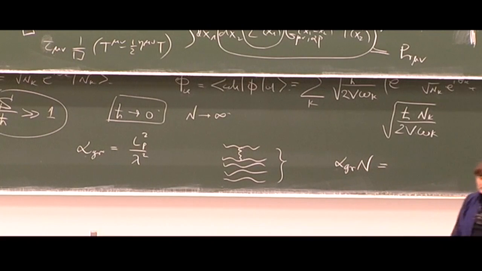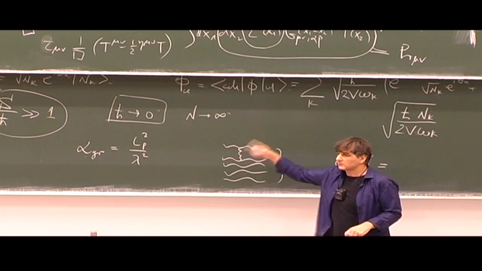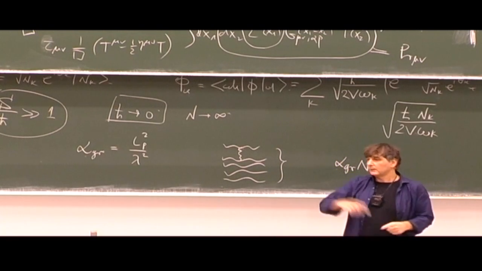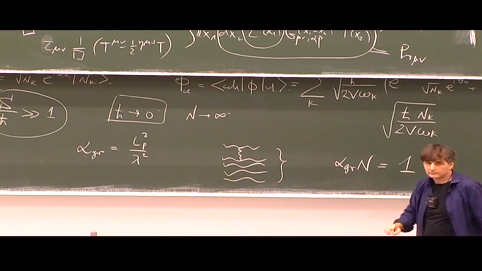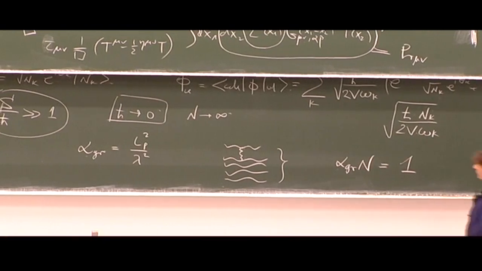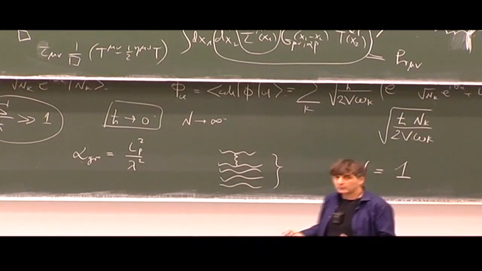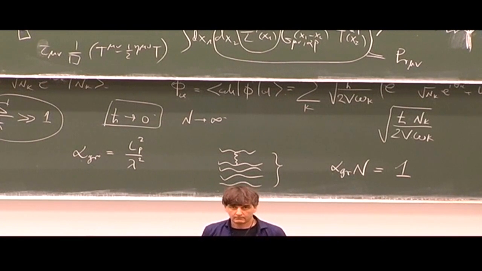You can ask this question: when does the binding energy take over the kinetic energy of each one? And actually, it happens when this is 1. So in other words, it turns out that gravitons form a bound state when the collective coupling is 1.